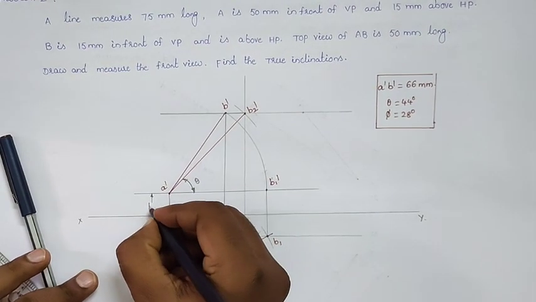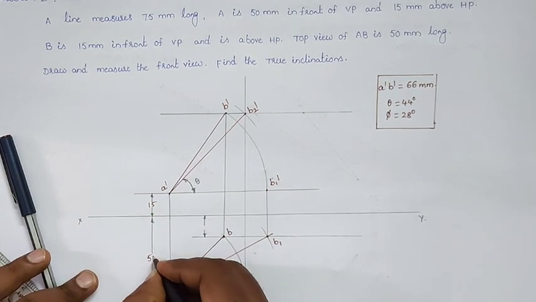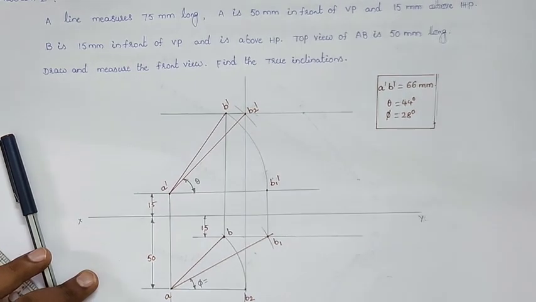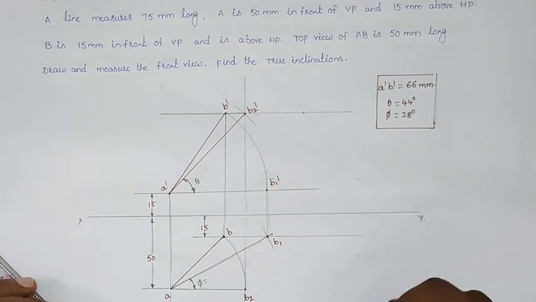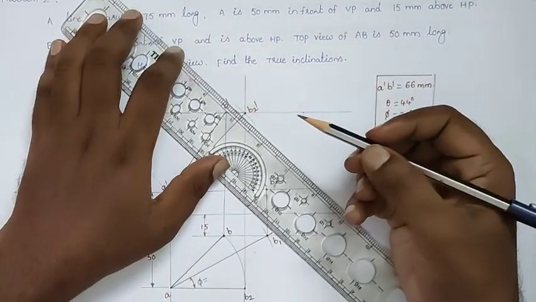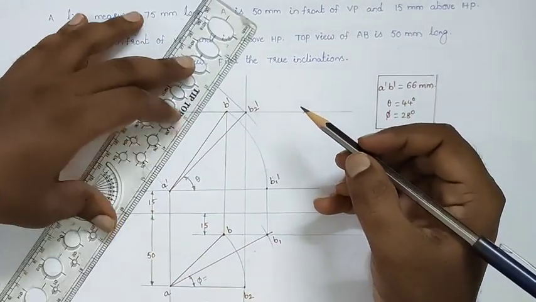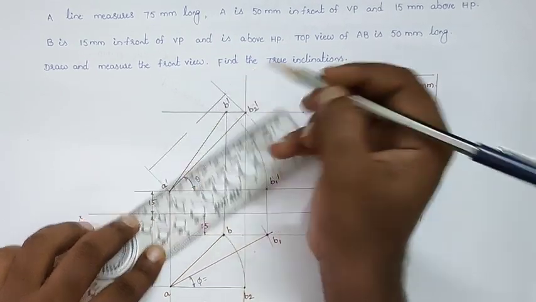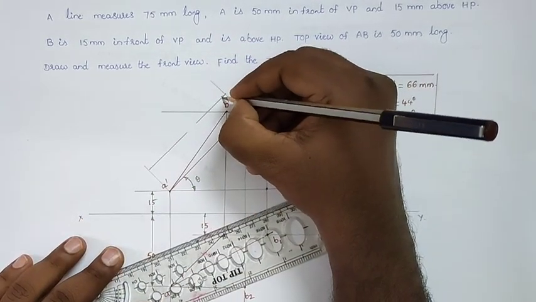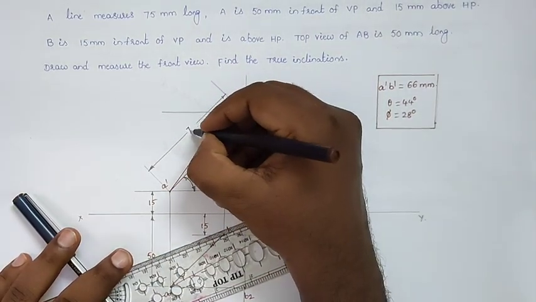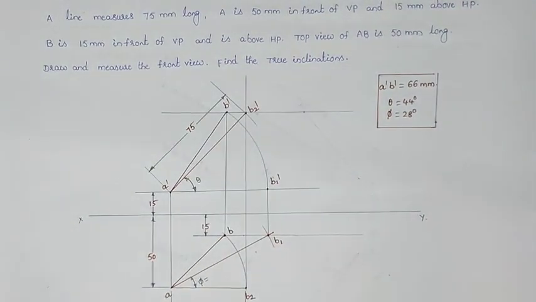This dimension is 15 mm above HP and 50 mm in front of the VP. This dimension is also 50 and this is 15. So like that we will draw the diagram. And also A dash B2 dash is 75. We can give that dimension also in an inclined manner. So this is 75. So like that we will draw the projections.